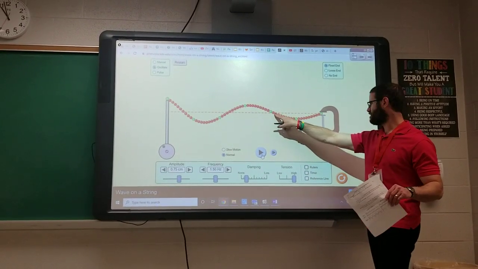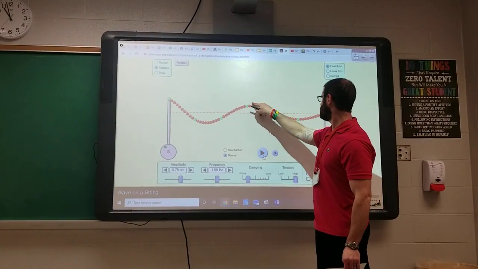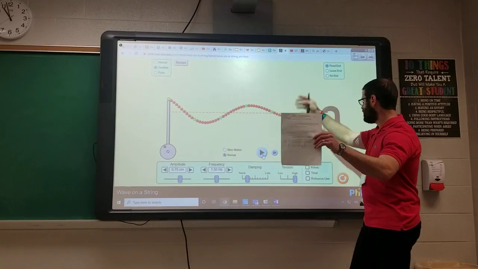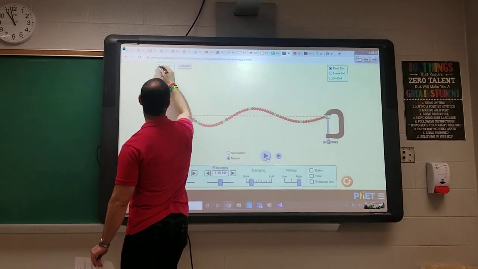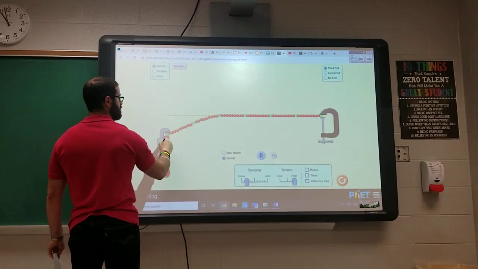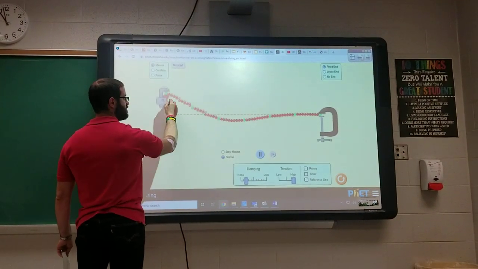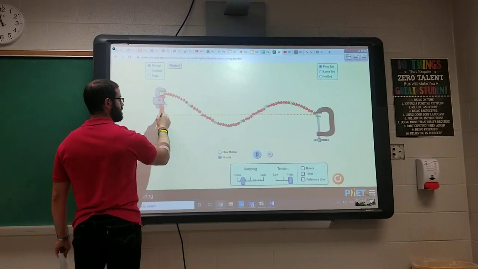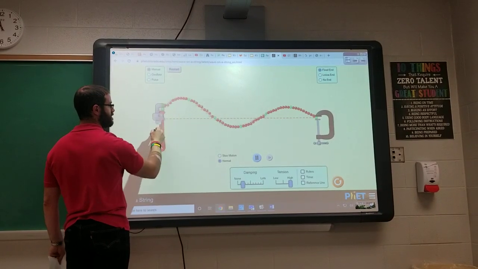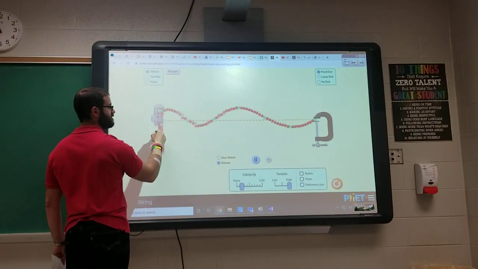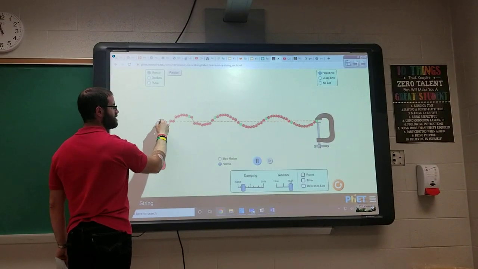That's where destructive interference is going on. Here would be where constructive interference is going on. As the wave travels down, it bounces off and reflects, and the reflected wave is constantly interfering with the incoming wave, creating a standing wave.